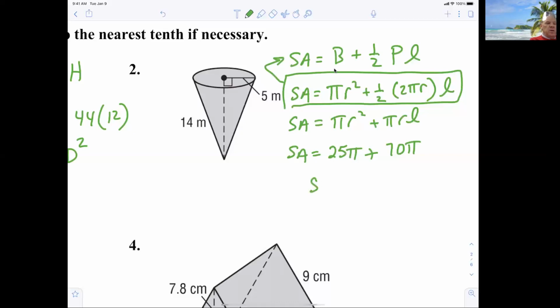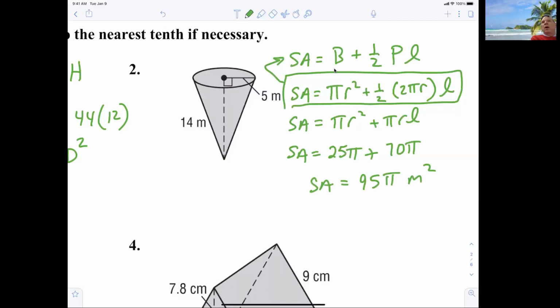And then my surface area is just what? 95 pi what? Meters squared, unless I made a mistake. What's the radius? What's the slant height? What's 5 times 14? There you have it. Easy enough, right? Easy, easy, easy.